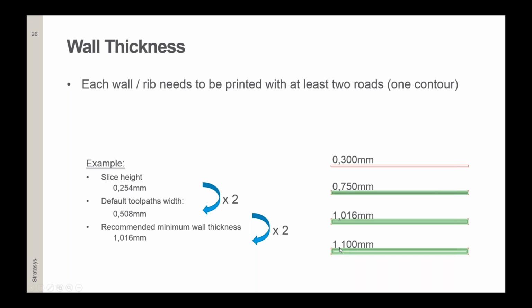If you design the walls thicker than using default toolpath width, it might give you such a small gap in between because we use default toolpath width, and your walls may be quite weak by having a gap inside. Okay, understood. So it's important to also check the wall thickness. Yes, that's correct. Thank you.